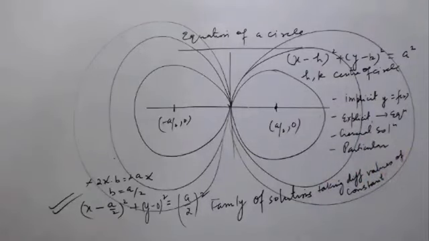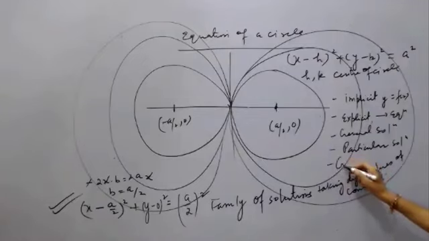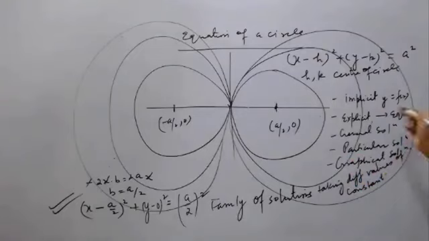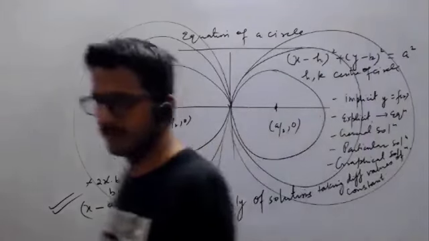When some condition is given, then the value of constant can be calculated, and that solution will be known as particular solution. And finally, the graphical solution. So these are the ways in which we can represent the solutions. So I am erasing this.